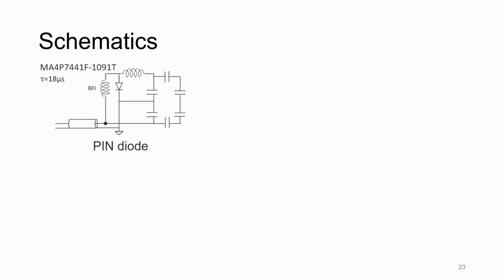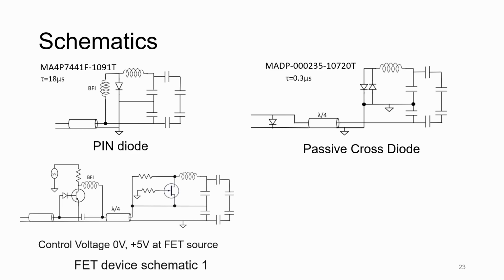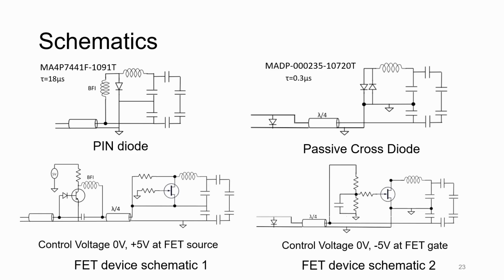For our experiments, we actually created a set of coils with different Q spoiling circuits. The first coil that we built had the conventional pin-diode Q spoiling circuit. We also built a passive cross-diode Q spoiling circuit. For our FET device-based Q spoiling circuit, we created two different schematics.